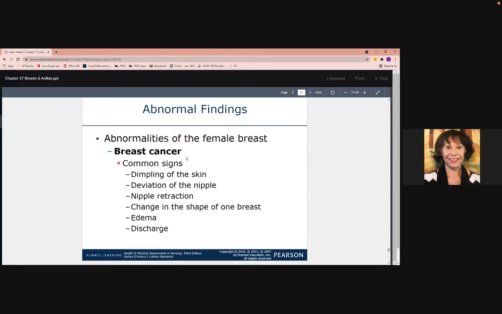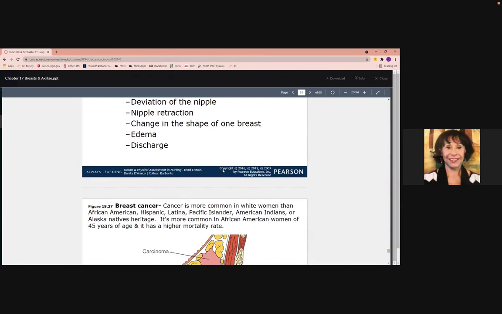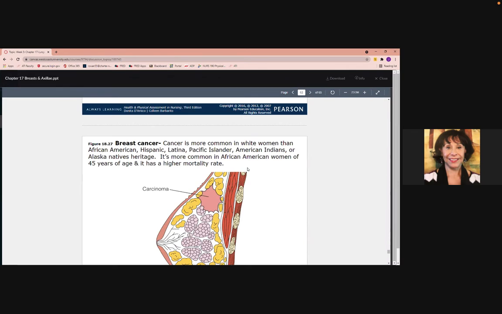Know the signs and symptoms of breast cancer: dimpling of the skin, deviation of the nipple, retraction, changes in the shape of one breast, and edema and discharge. Always study the ones that have the picture, because many of my questions come from the pictures.